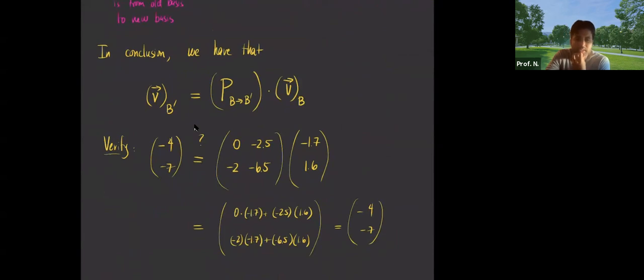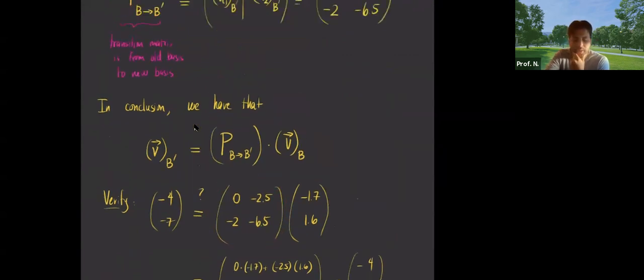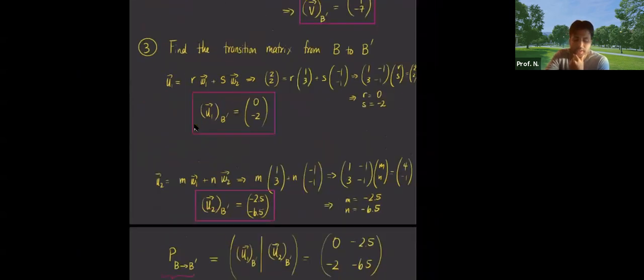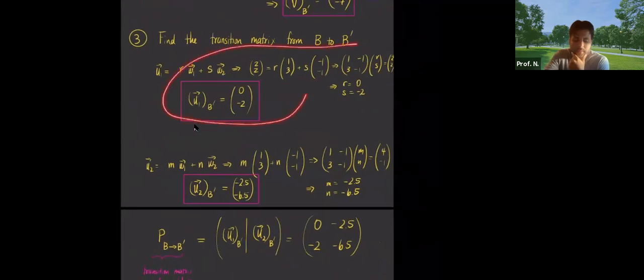So the most computationally intensive part of this problem is finding the transition matrix. That becomes the most difficult part. As you can tell, to find the transition matrix here, I had to do the coordinate vector procedure twice. If I have 3 basis vectors, I would have to do it 3 times.